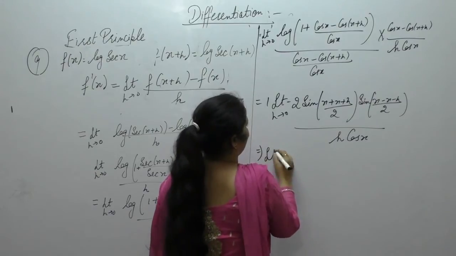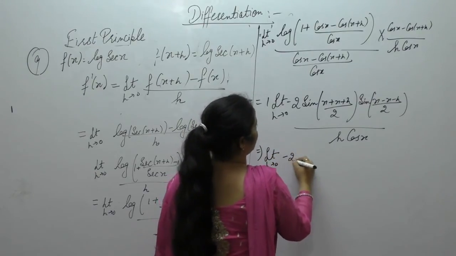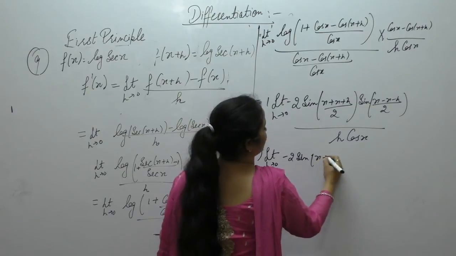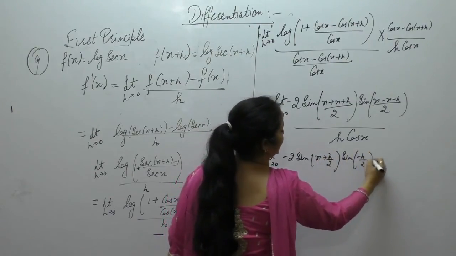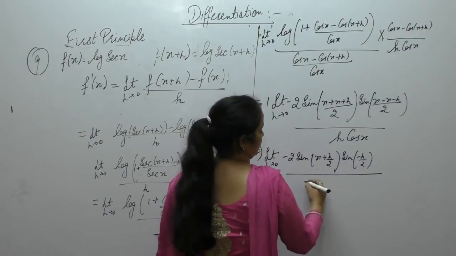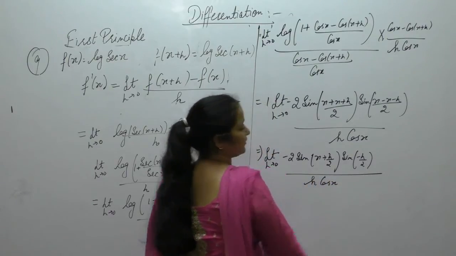So we can write it as limit h tends to 0 minus 2 sine x plus h by 2 sine minus h by 2 upon h cos of x.